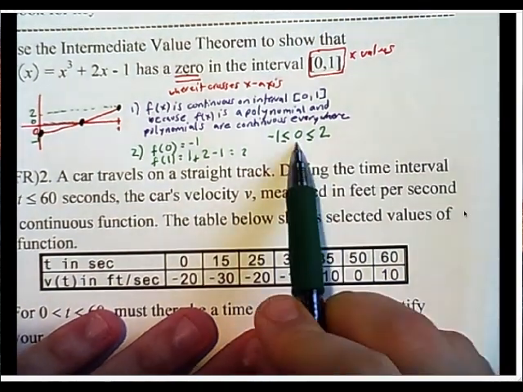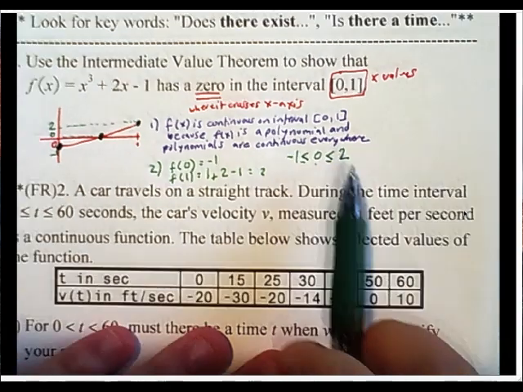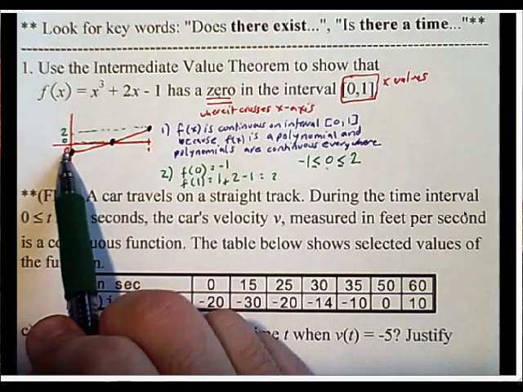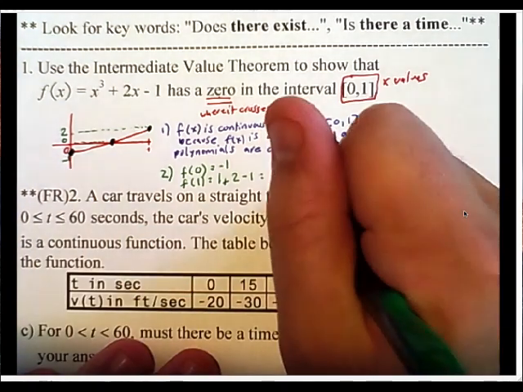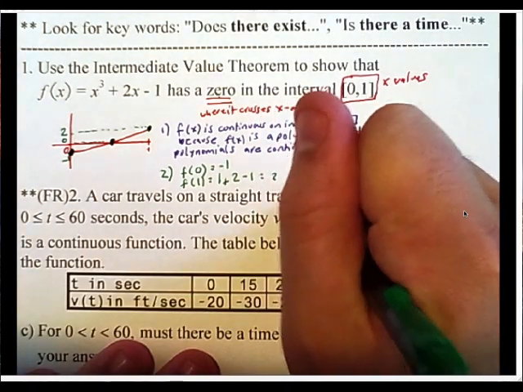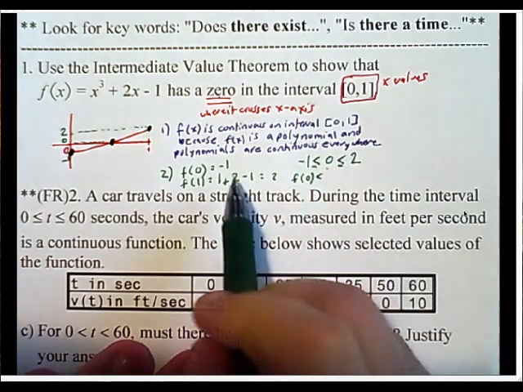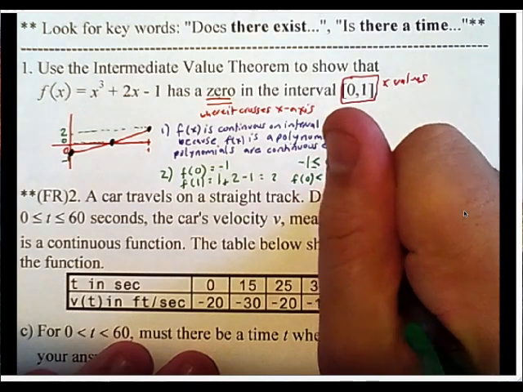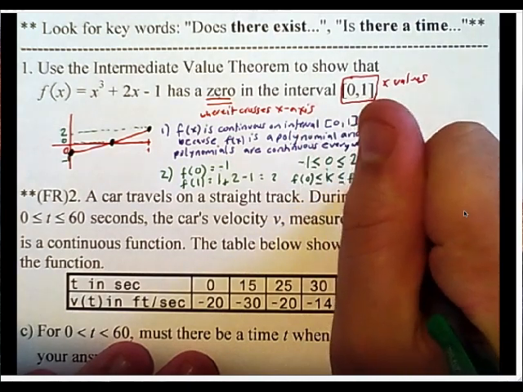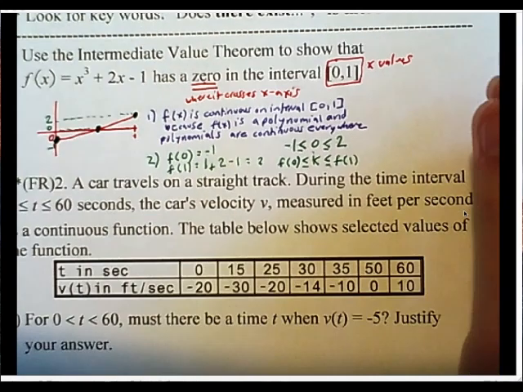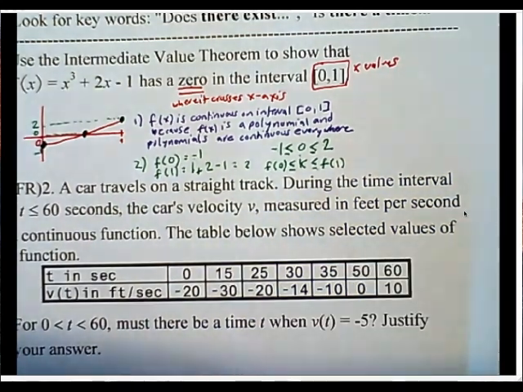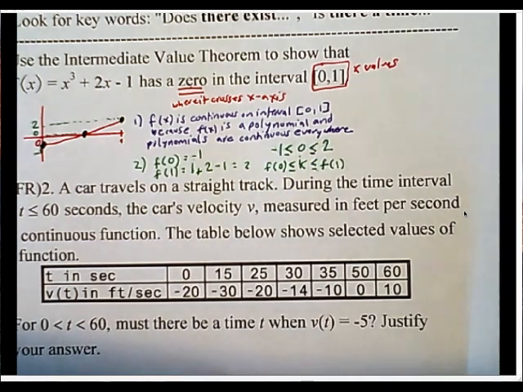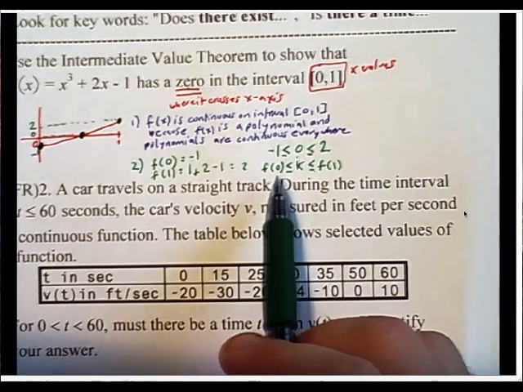Okay, 0 is in between these two other y values. This 0 in green is between these other two green values. Okay, so f of 0, that's what negative 1 was equal to, is less than or equal to that k value, which was less than or equal to the function value at 1. Okay, so it meets the second condition. 0 is between these two values, and I showed that through calculations.